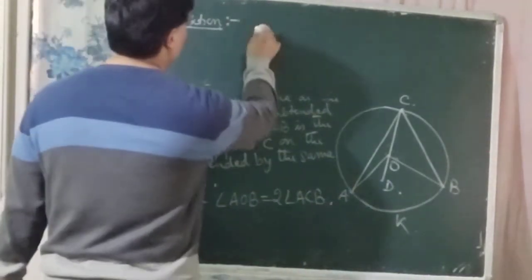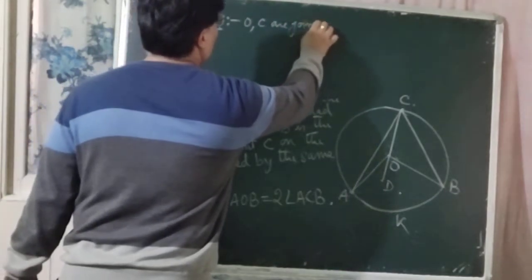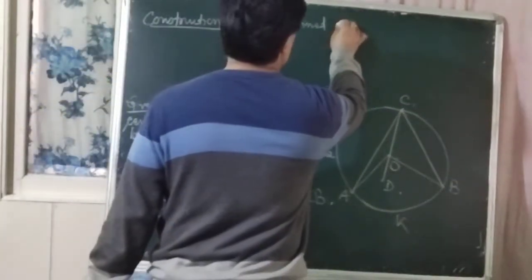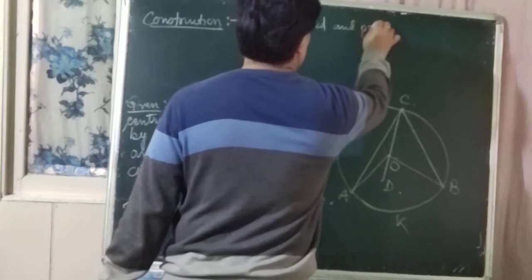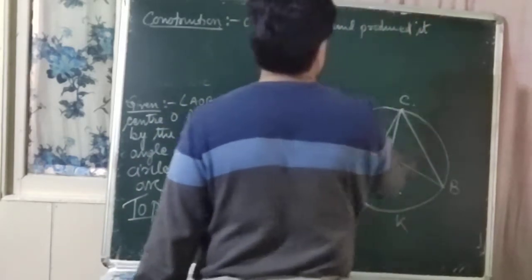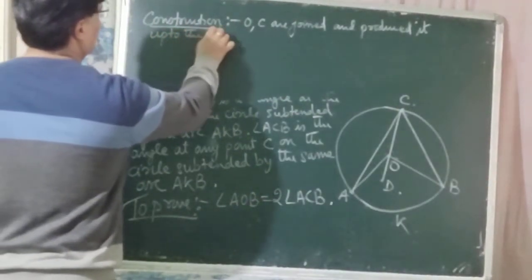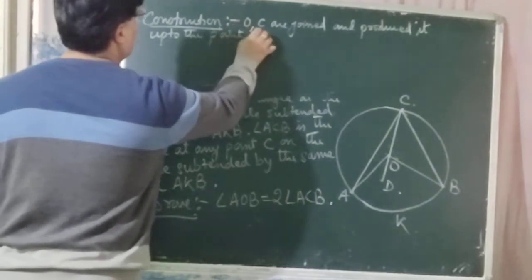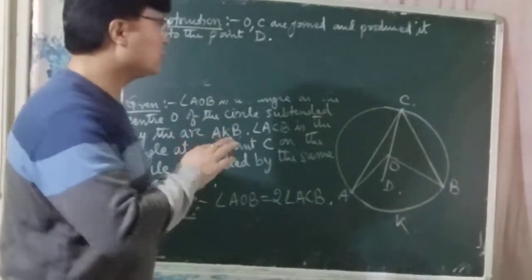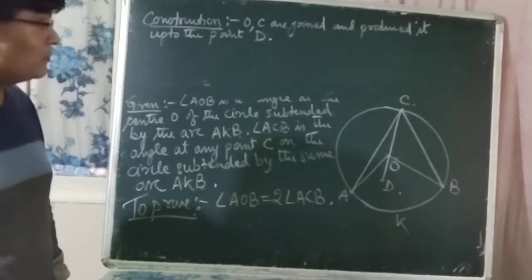So construction: O and C are joined, and produced up to the point D. Is that clear now?